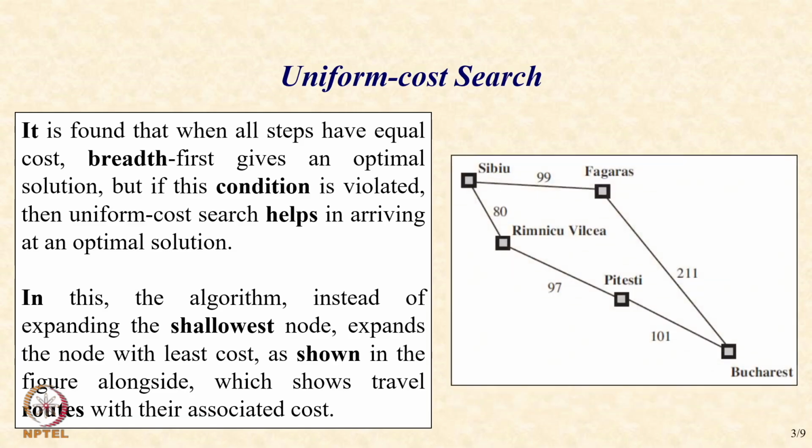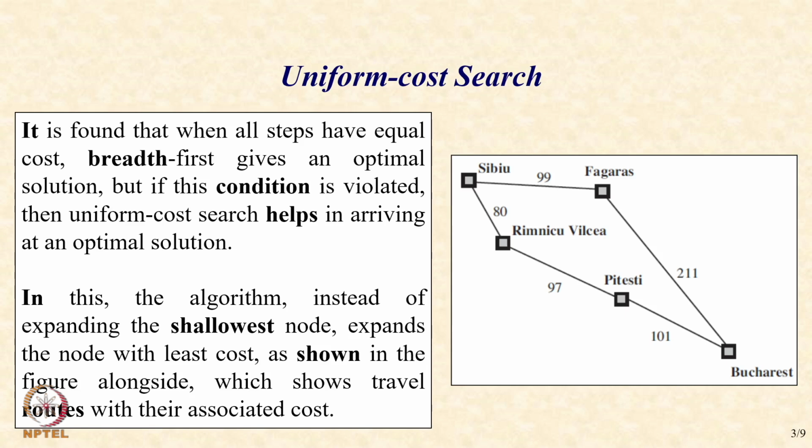So, I just want to show you a small segment of a schematic in which the task is to go from a location Sibiu to a location Bucharest. This is a sample of a map of Romania. Now, as we can see, the lines have numbers written on them which are indicators of the cost.